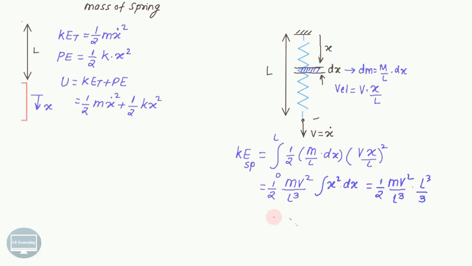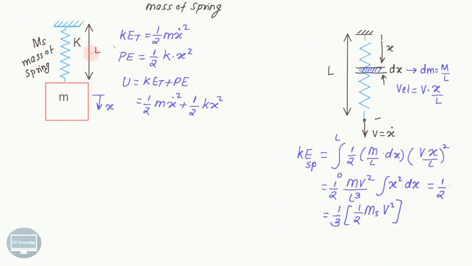Only this is left: 1 by 3 into 1 by 2 into mass of the spring, I will call it ms, multiplied by v square. Now this is the kinetic energy. Next time you want to remember this equation, you just make it 1 by 3.